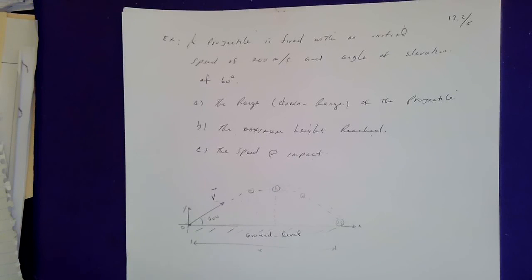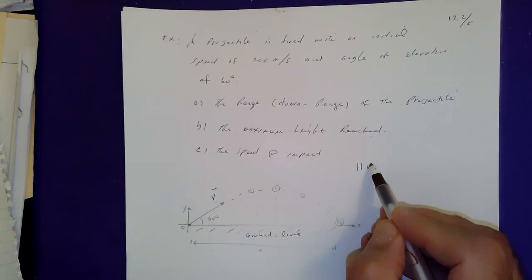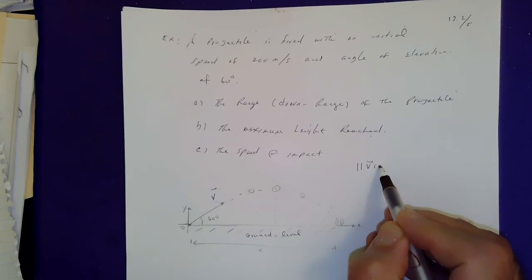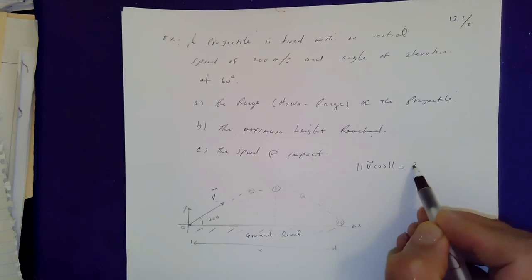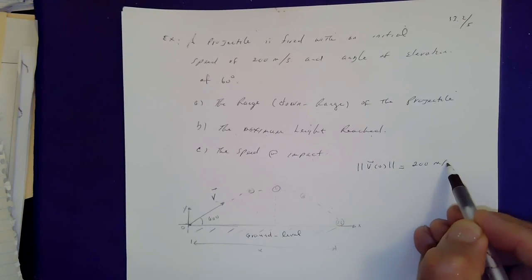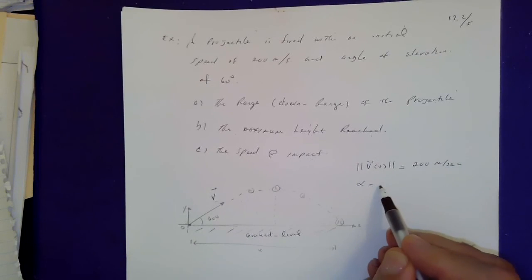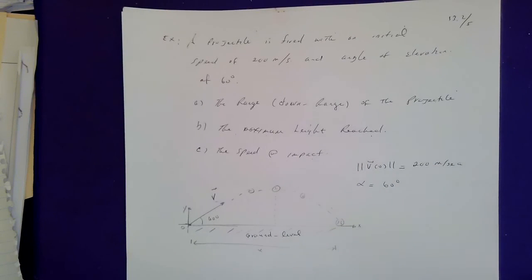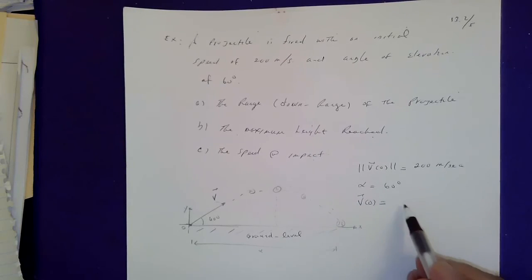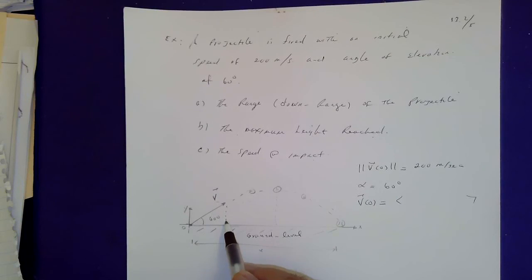So we know the magnitude of the initial velocity is given to us as 200 meters per second. And usually the angle of elevation is shown by alpha, given as 60 degrees. So I now need to express the initial velocity vector in terms of its components. So I have to what?